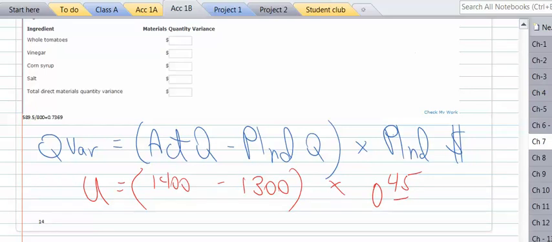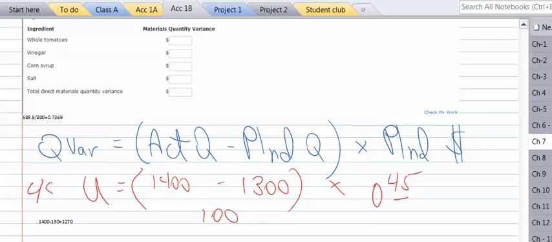So 1,400 minus 1,300 equals, oh, I have an error here. Well, we know that's 100. Multiply that times the 45, and that would then be a $45 unfavorable variance. So I took the 100 times 0.45, and that equals $45 unfavorable. We used more than we planned.